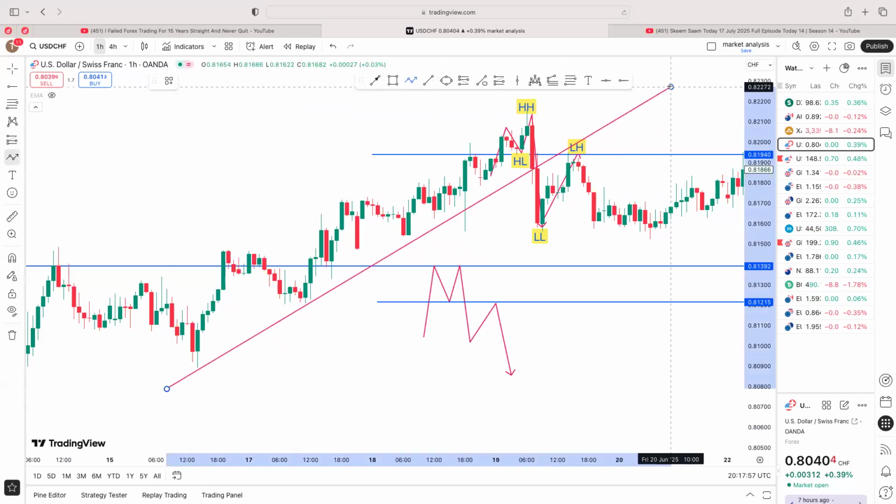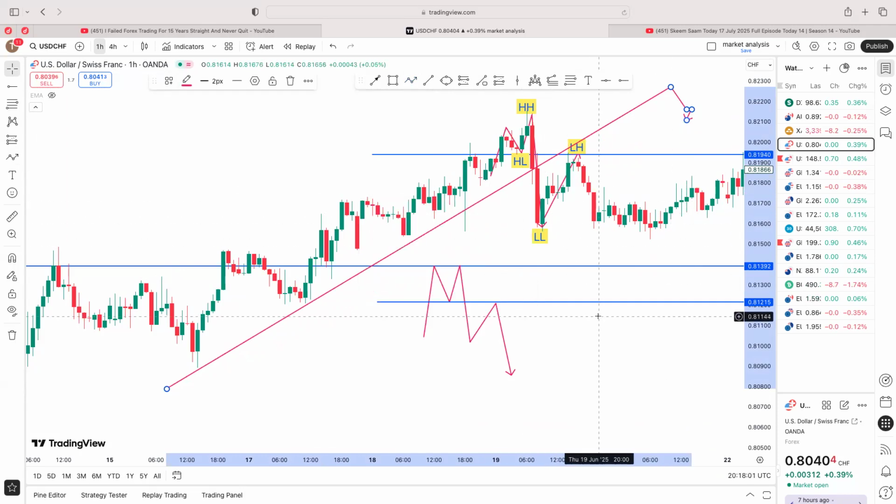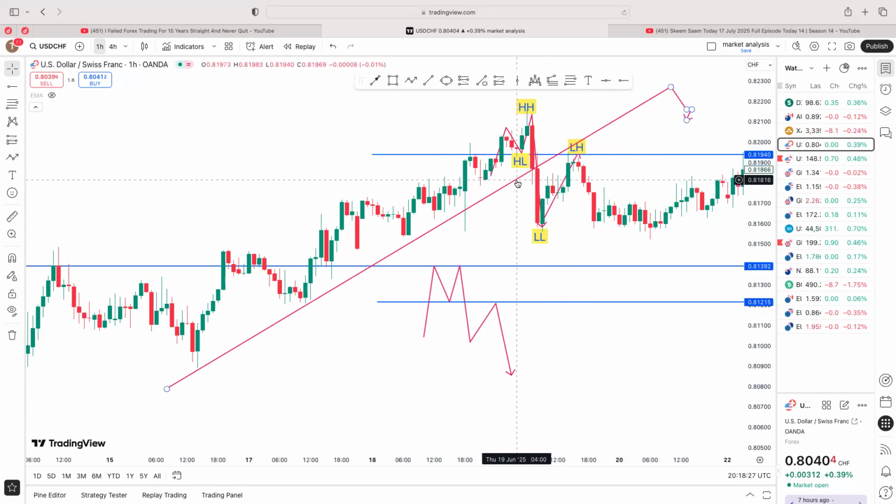Yes, I can see it's broken there on the higher high. No, an uptrend structure is not broken on the higher high, because the next high from the higher high is a higher high. So an uptrend structure doesn't get broken from the high. It gets broken from the higher low.